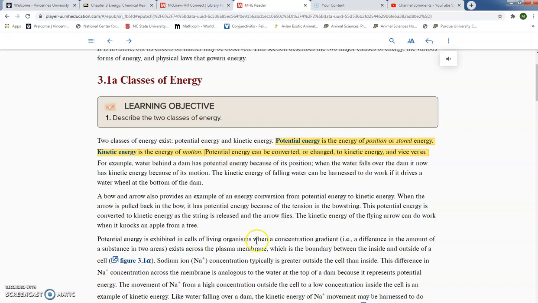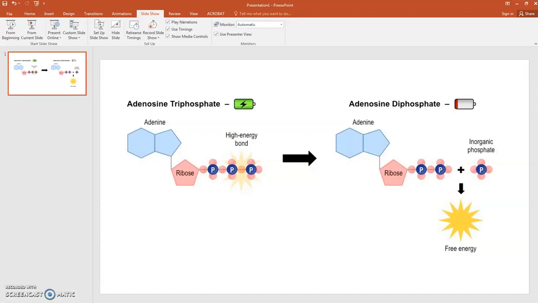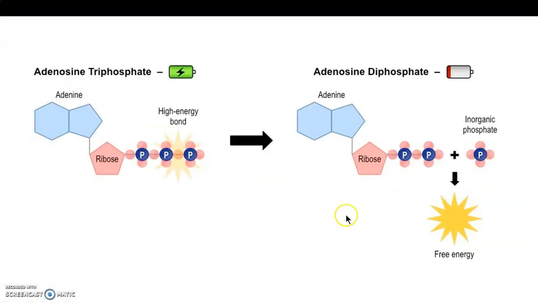so it goes back and forth. So I'm going to go back to our picture of ATP, and I'm just using the ATP molecule as an example, but realize other molecules could do this as well. So the potential energy is the energy that isn't doing work.